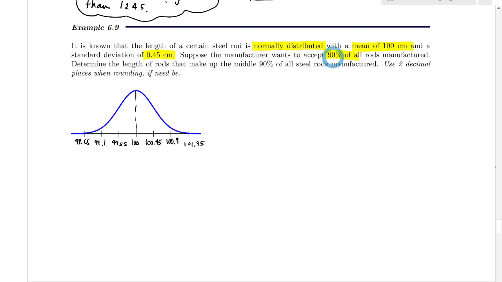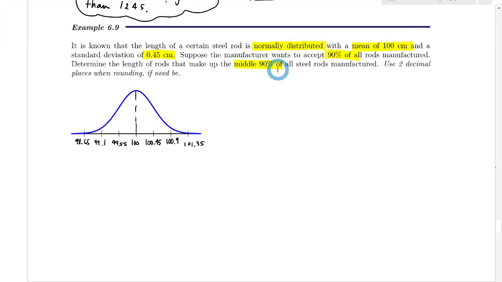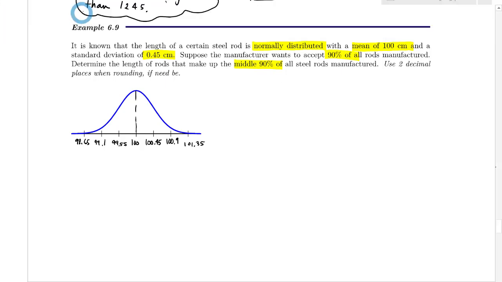So I want to accept 90% of all rods manufactured, and so determine the length that corresponds to the middle 90%. Ooh, that's interesting. The middle 90%. So where is that? Well, I do know from the empirical rule that this is 68%, one standard deviation, 95% is 2 standard deviations.